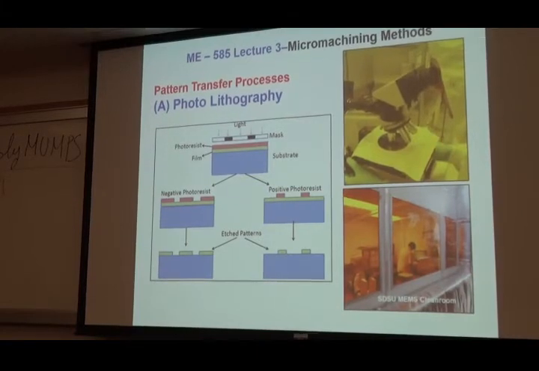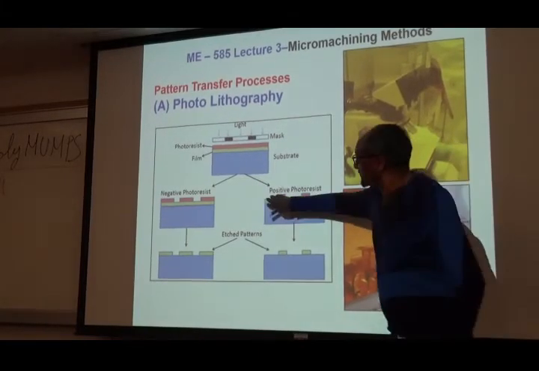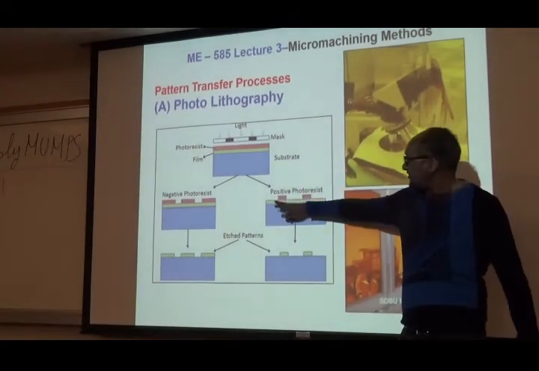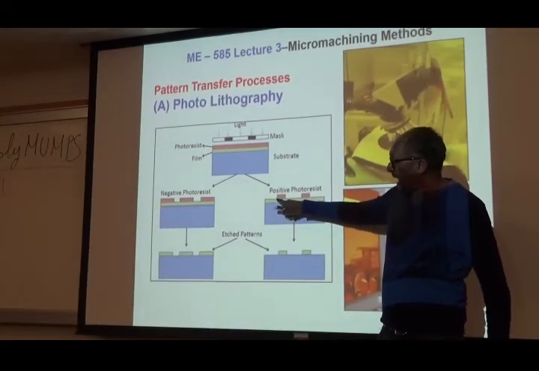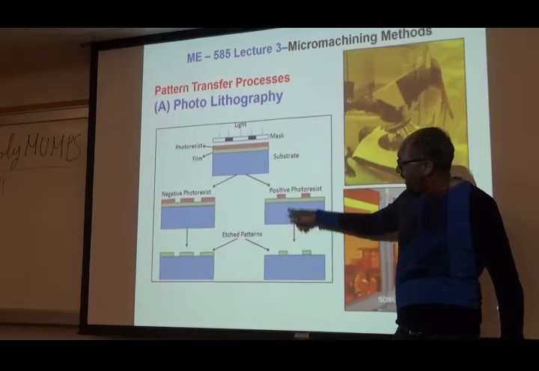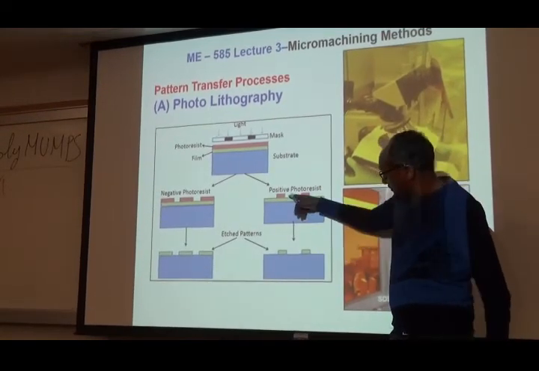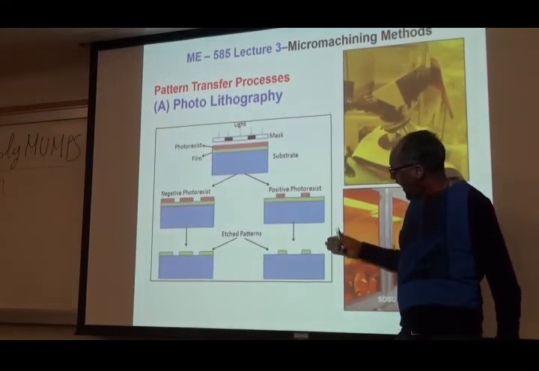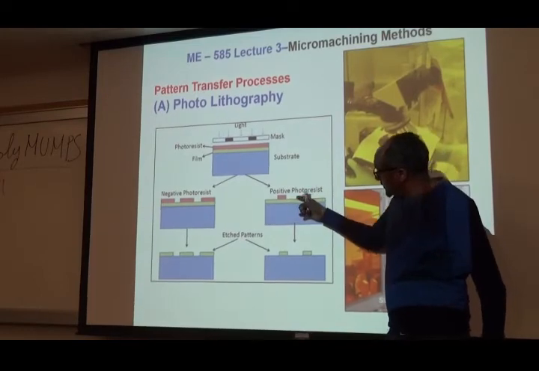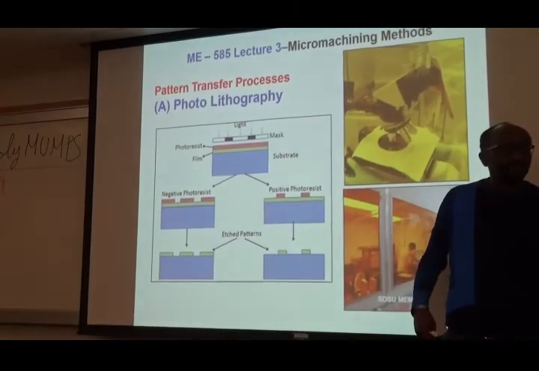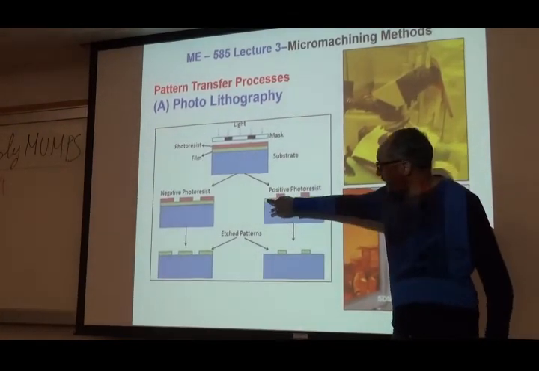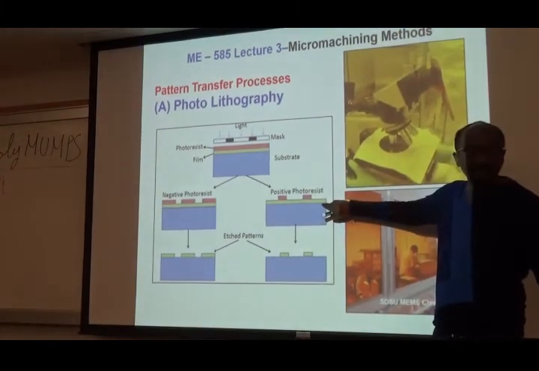So, once you have deposited the other material, let's assume some kind of metal, and by protecting this, at this point what I'm going to do is, look at this, what happened. I wash away the top part. So what am I left with? The green guy.